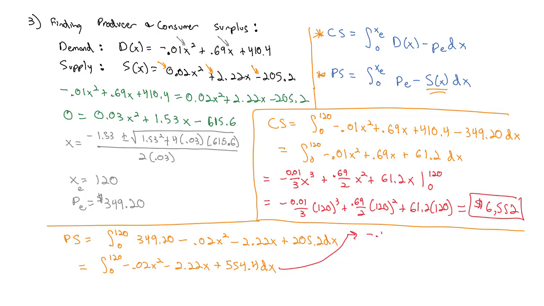I'll come over here for space. As we integrate that, we'll have negative 0.02 divided by 3x cubed minus, when I divide by 2, we get 1.11x squared plus 554.4x. And we're going to integrate that from 0 to 120. Plugging those values in, we get negative 0.02 over 3 times 120 cubed minus 1.11 times 120 squared plus 554.4 times 120.